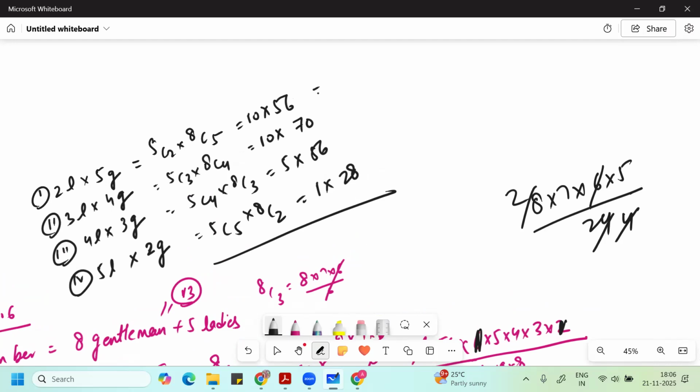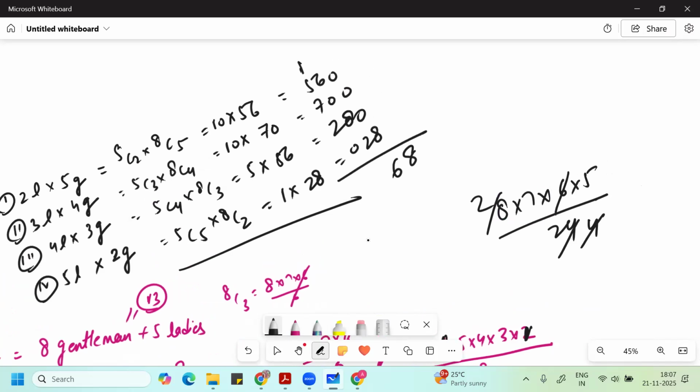So this would be 560, this is 700, this is 280, and this is 28. Adding them, we get 1568.